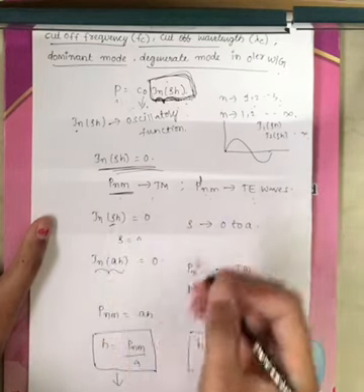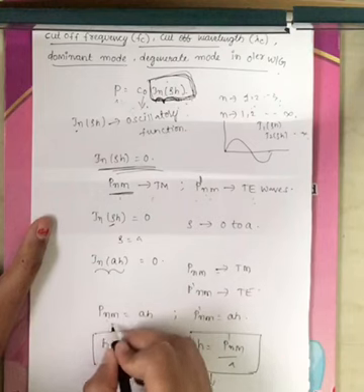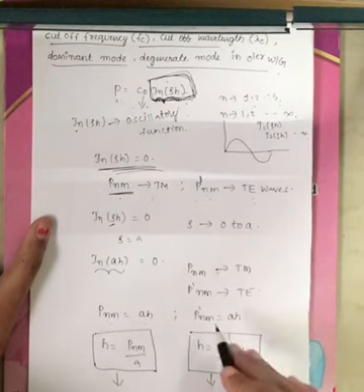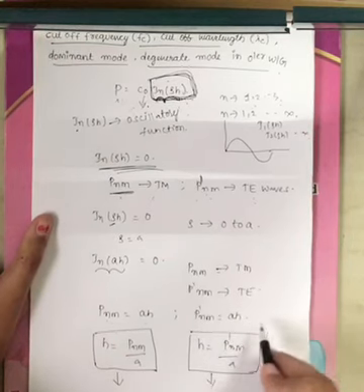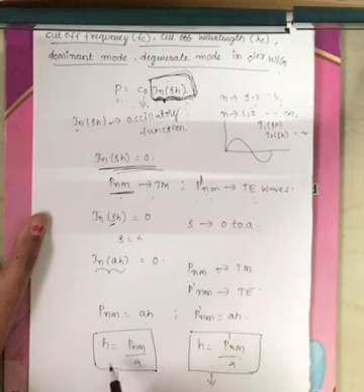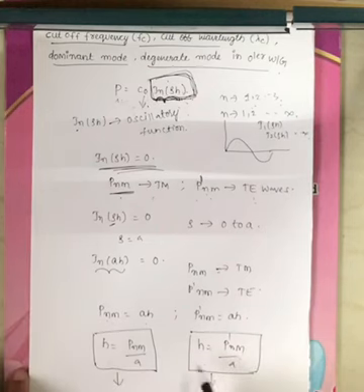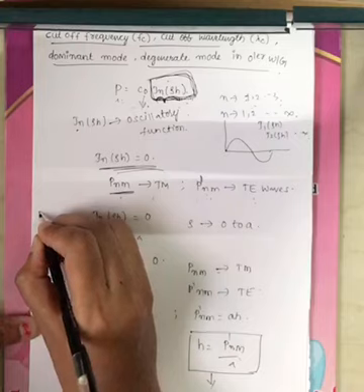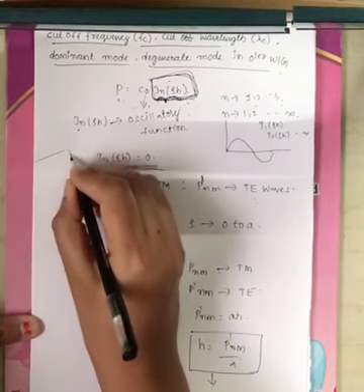Rho is varying from 0 to a, right? Now Pnm equals ah, this is for TM mode, and P dash nm equals ah, this is for TE mode. From this you get the value of h, that is Pnm by a and P dash nm by a, right?